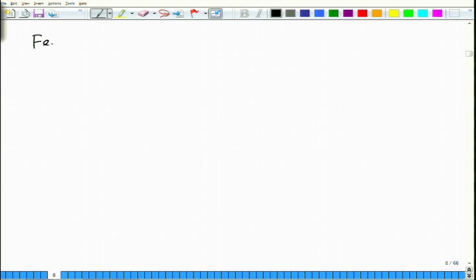So in iron carbon, the first region is the peritectic region.